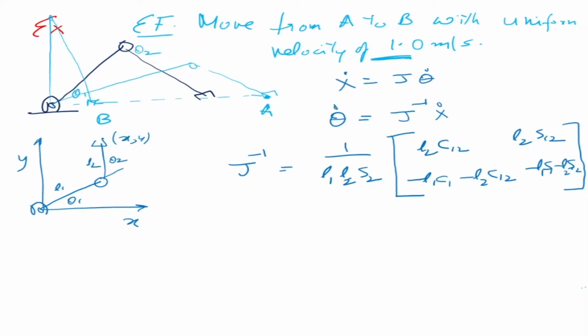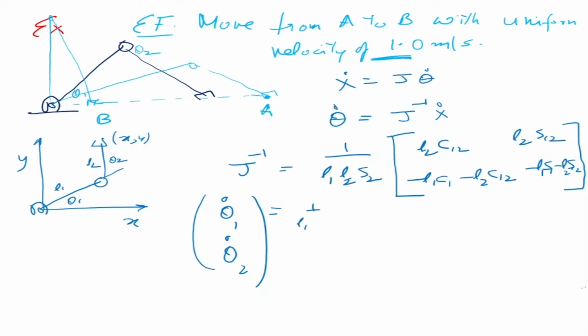On the left hand side, what do we have? We have theta 1 dot and theta 2 dot. This is my left side. This is my matrix here.